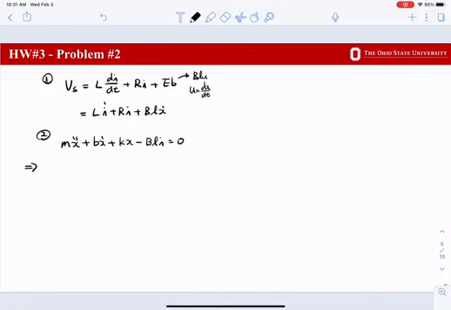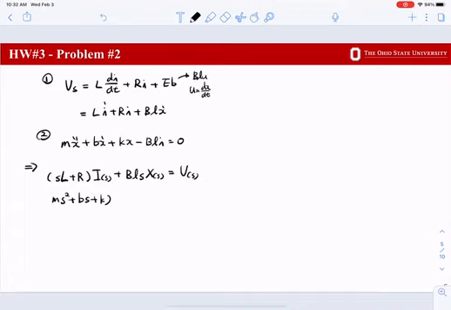So you can start from these equations. If you take the Laplace transform of these two equations, because of the derivative term you put the s here: (sL plus R) times the current I(s) plus BL s X(s) equals Vs. And the second equation: (ms squared plus bs plus k) X(s) minus BL I(s) equals 0.